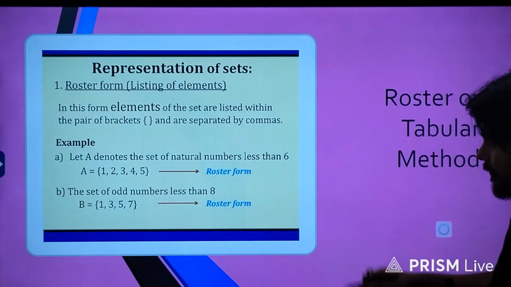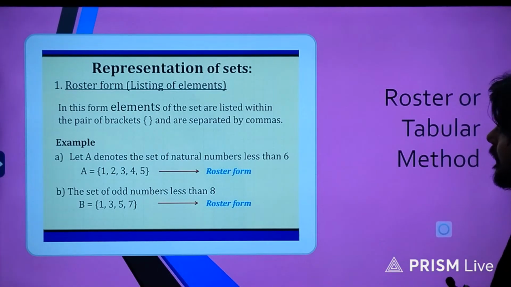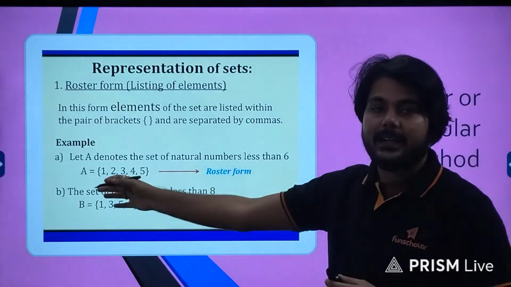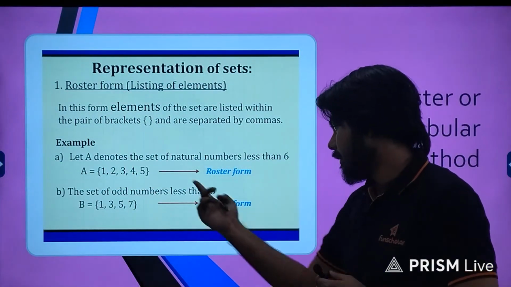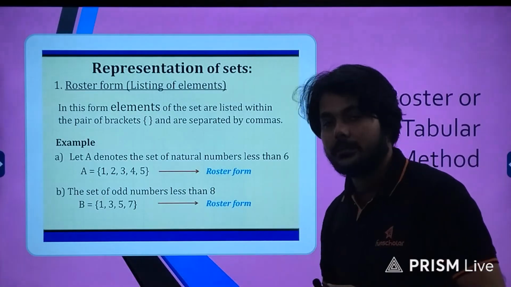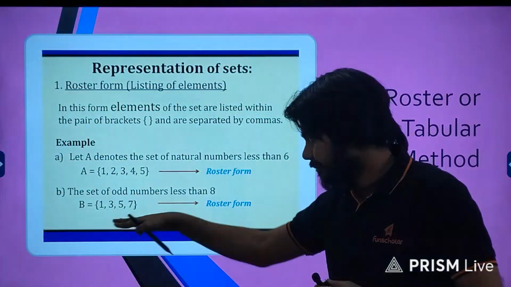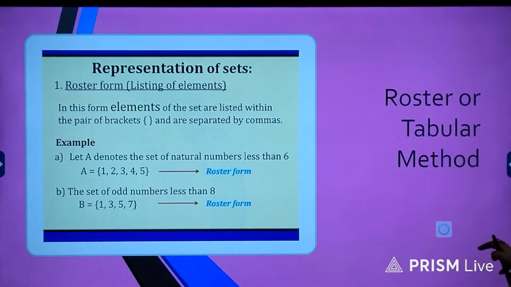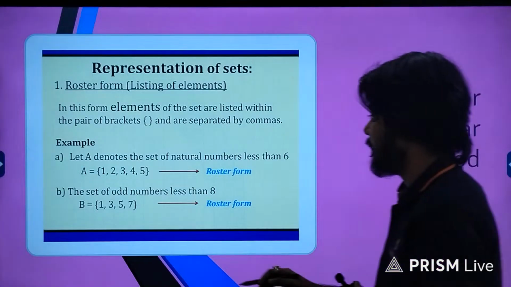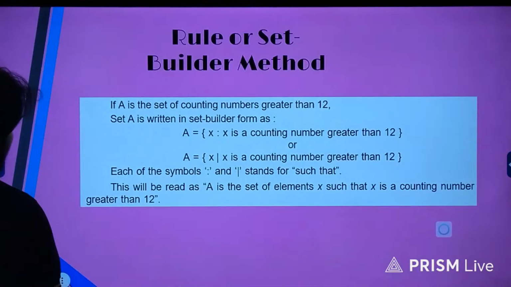Example: the numbers less than 6, in curly brackets, 1 to 5, and the set of odd numbers less than 8: 1, 3, 5, 7, odd numbers that were placed inside a curly bracket. Very good. I hope you are understanding.